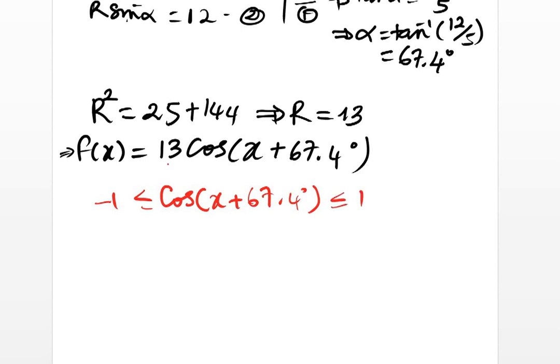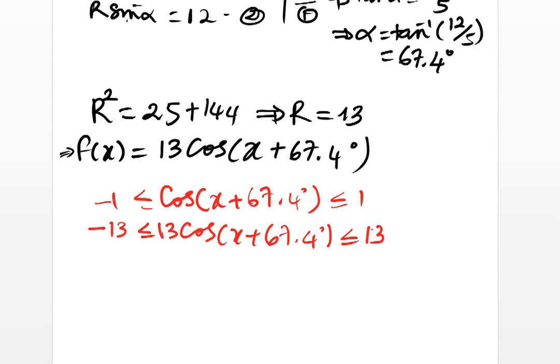And how do I make this 13 come here? You multiply through by 13. So we have -13 less than or equal to 13 cos(s + 67.4 degrees) less than or equal to 13.